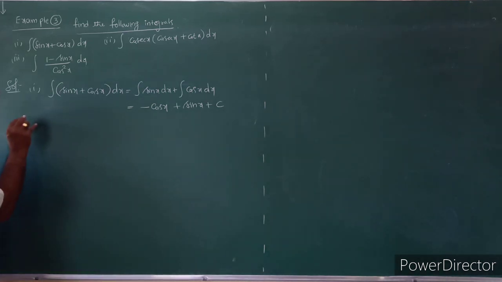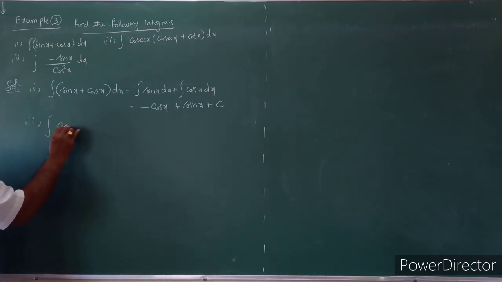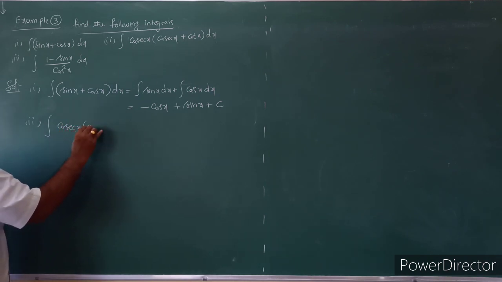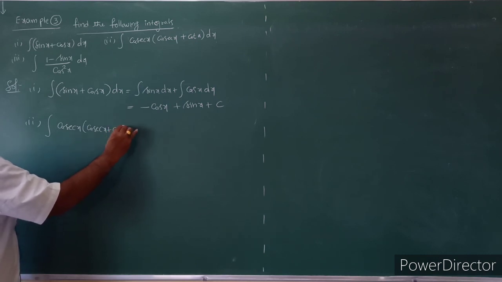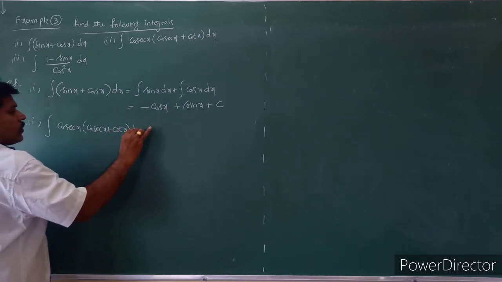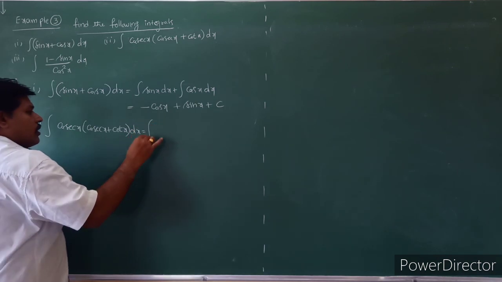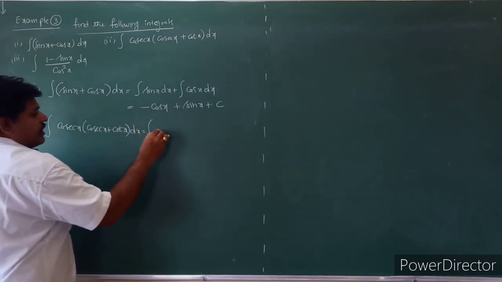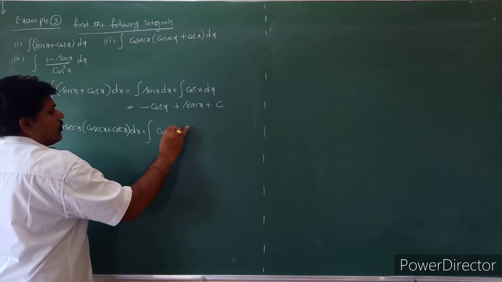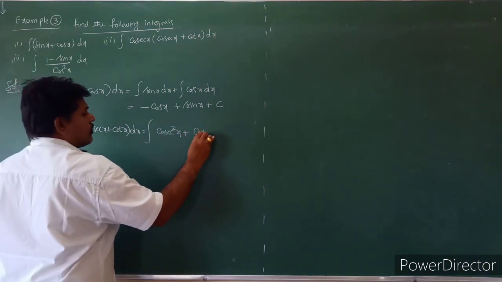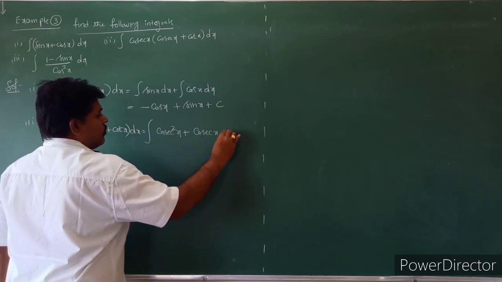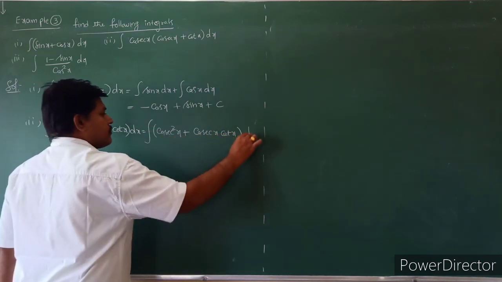And also see the question number 2. So integral of cosecant x into cosecant x plus cot x into dx. So that is equal to integral of cosecant x into cosecant x, which is cosecant square x, plus cosecant x into cot x into dx.